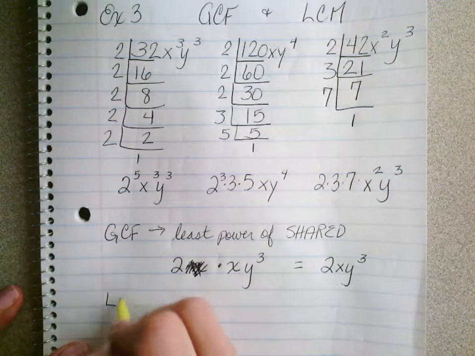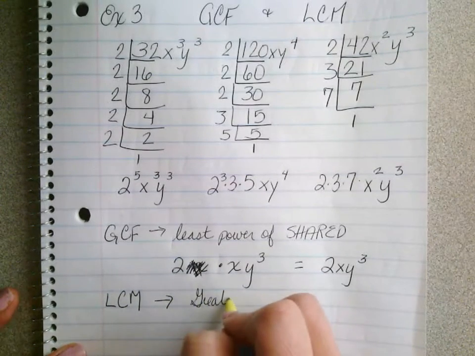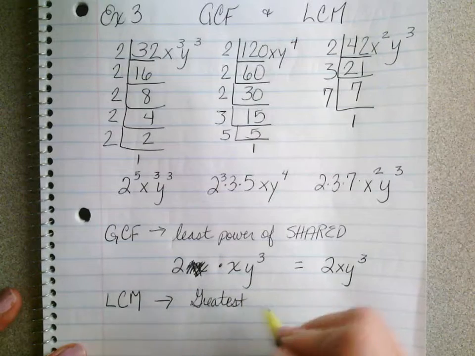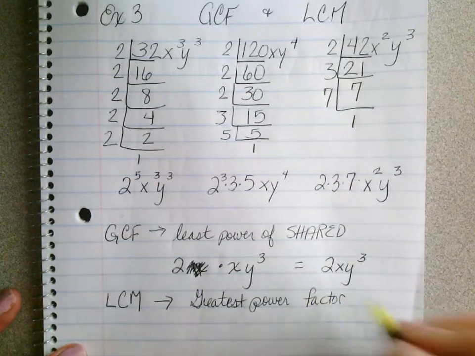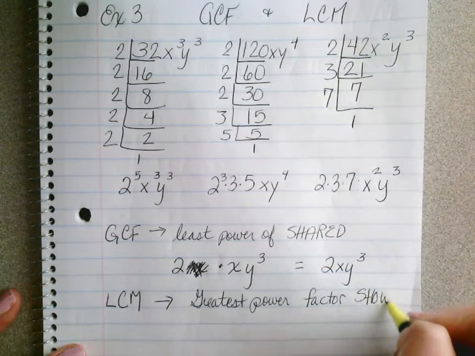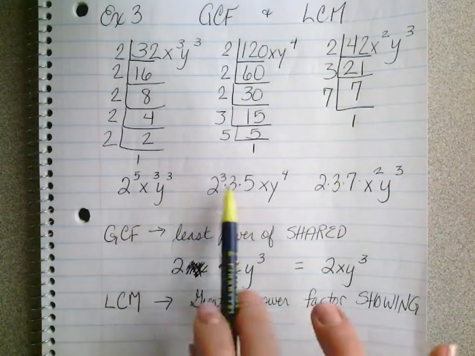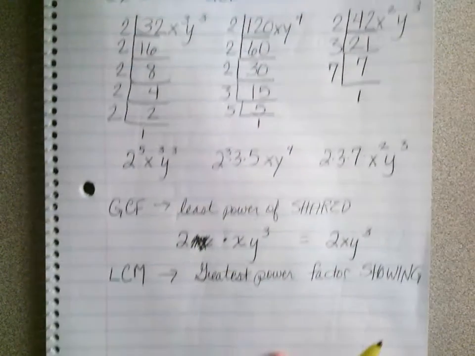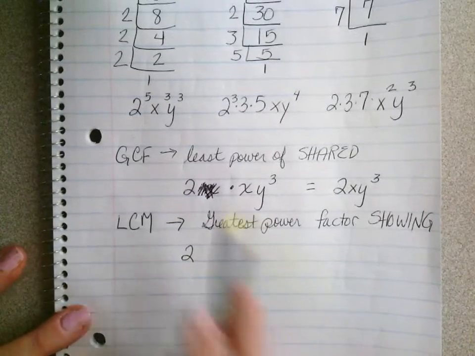Least common multiple. Greatest power of any prime factor that is showing. For example, an 11 is not going to be a part of this because there's no 11 in here. So 2's have shown up. What's the largest power of 2?